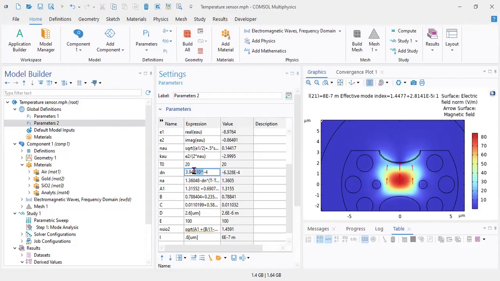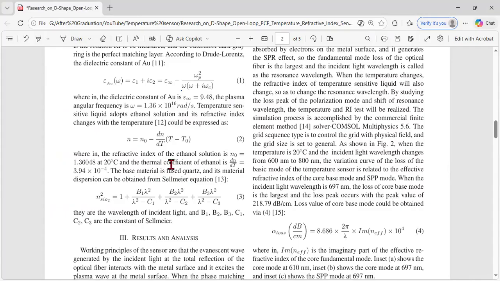Okay, and you can just write it E. I'm sorry, I messed up in defining the parameters. So I'm sorry for that. So now it's okay. Now it will work actually.